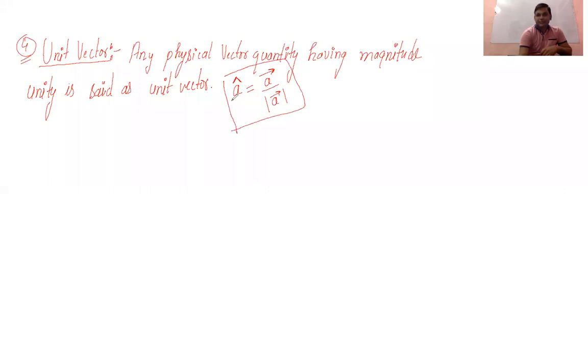So you can write the unit vector of A vector, and this is a vector. Its magnitude should be 1. And this is the magnitude of A vector.